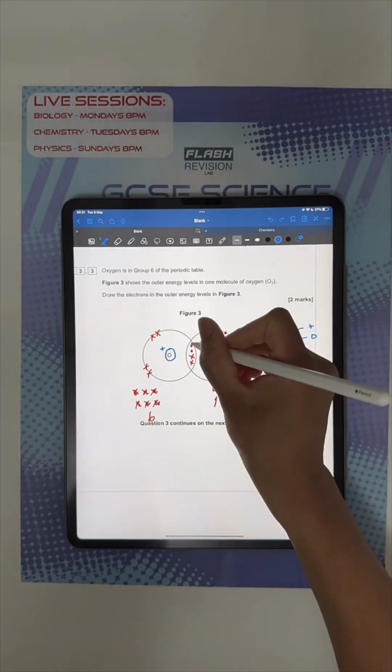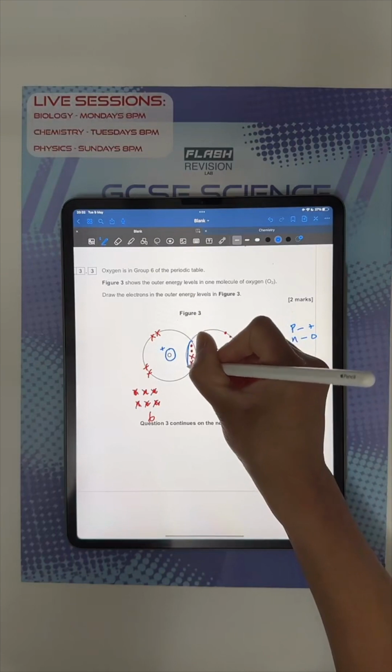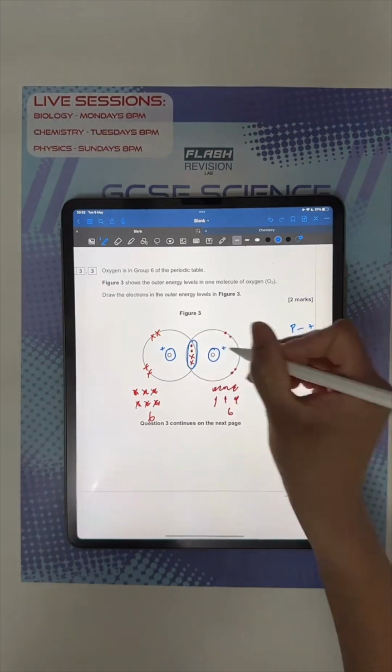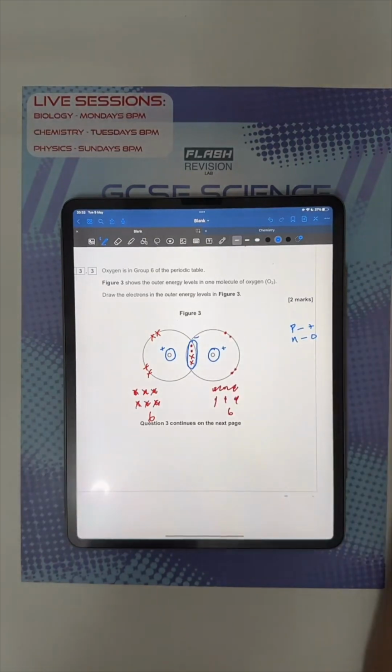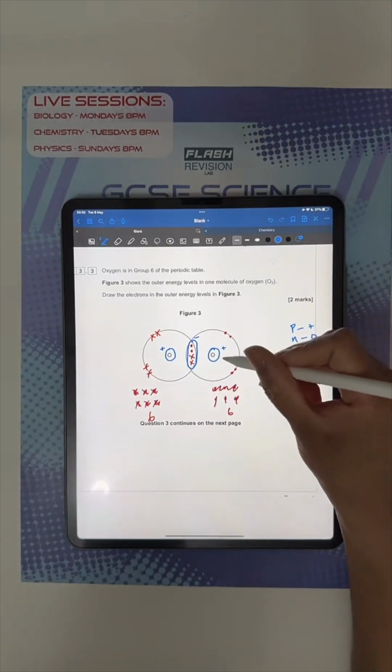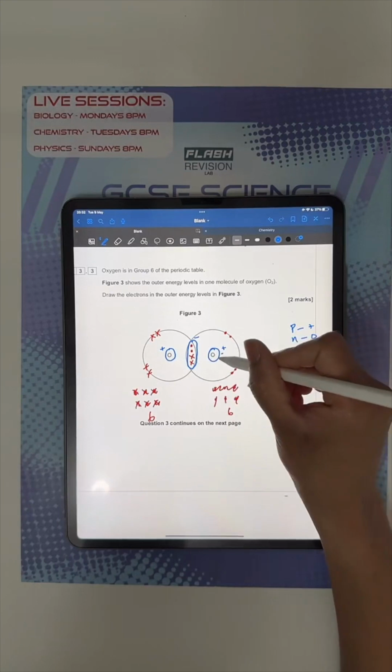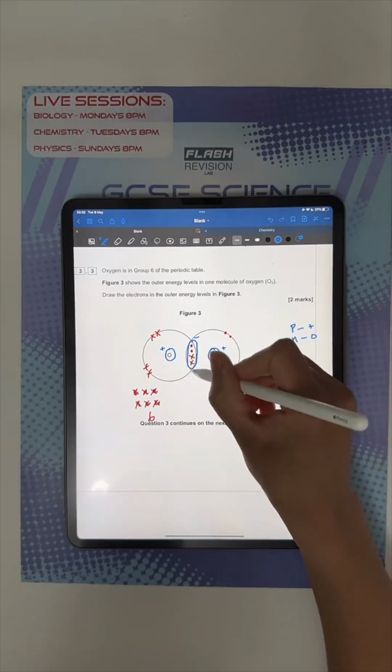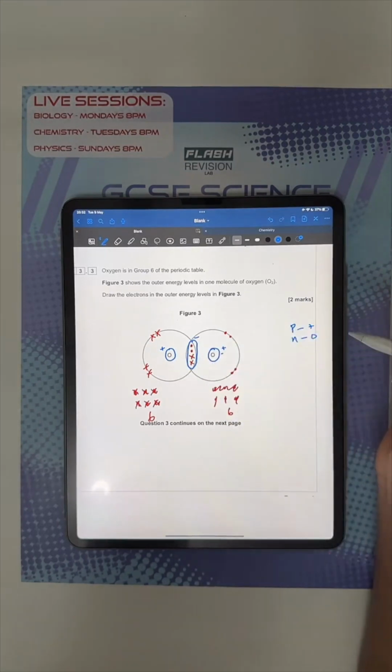Then in the middle, we've got these electrons being shared. These electrons are negatively charged. So what's holding this whole structure together is that both nuclei are attracted to these shared electrons in the middle, because positive and negative are attracted to each other. It's like magnets.